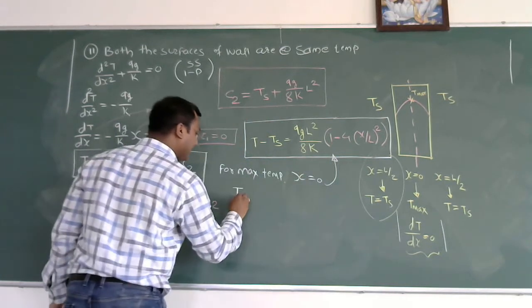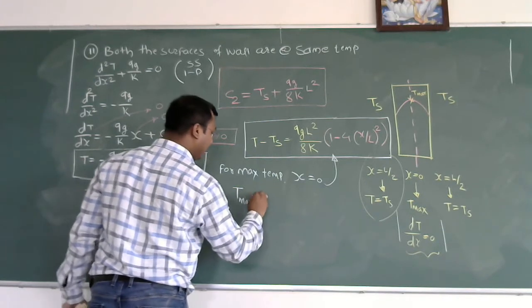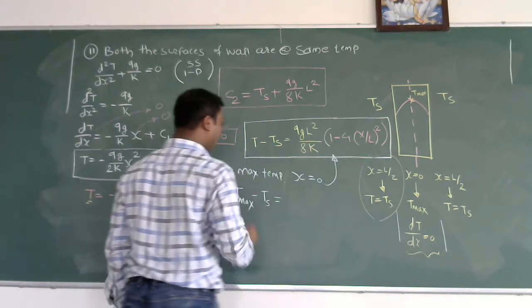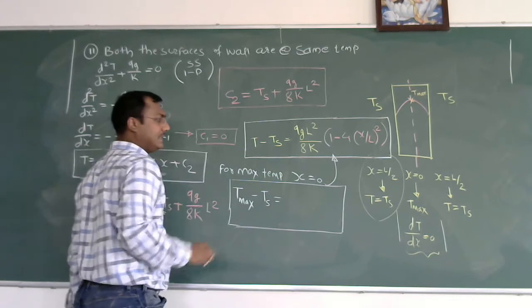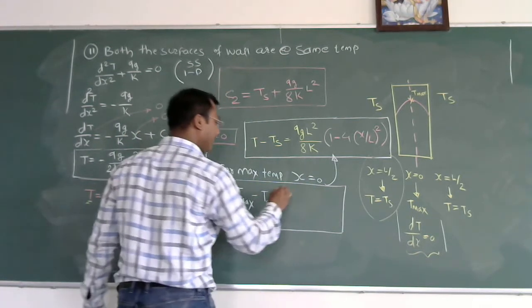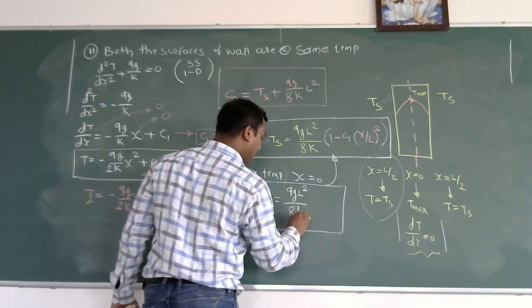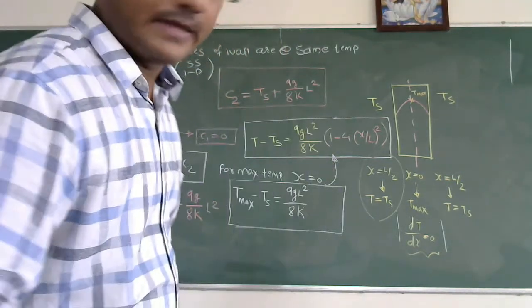So if I put x is equal to 0, this will give me T max minus Ts is equal to, this value will be equal to 0. So the equation will reduce to Qg L square divided by 8K.